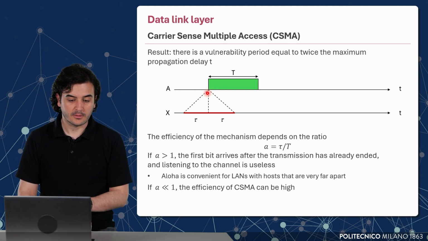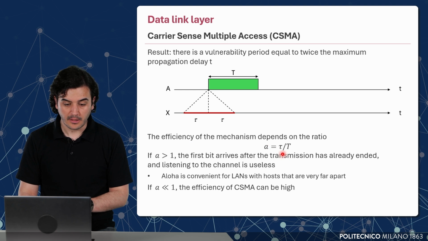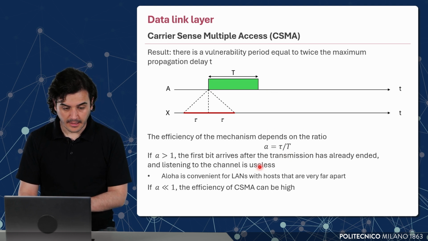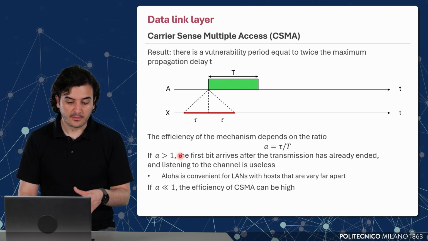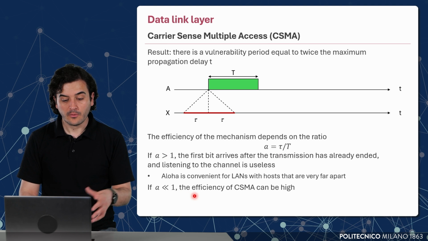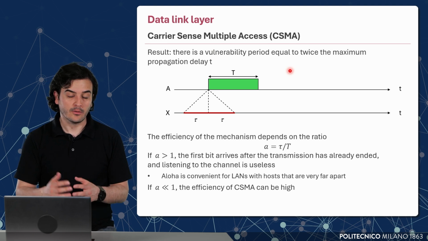And we also define an efficiency of the mechanism used for the transmission, which we call a, and is basically the ratio between the propagation delay tau and the time to transmit the information, which in this case is t. And depending on the value of a, whether a is higher than 1 or significantly less than 1, we say that the efficiency of the carrier sense multiple access might be high or not.